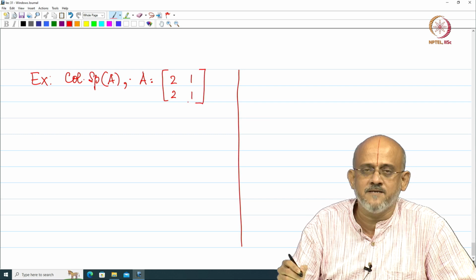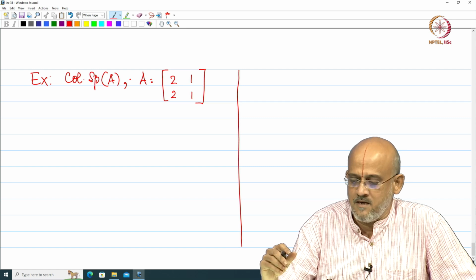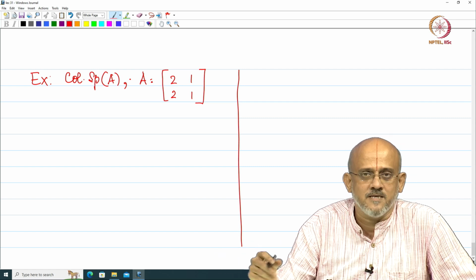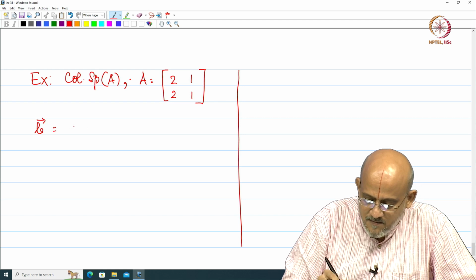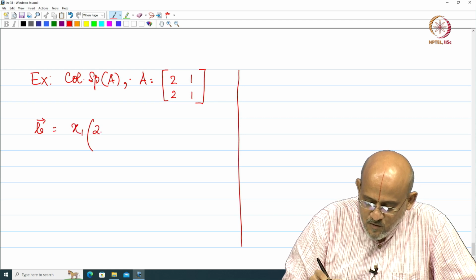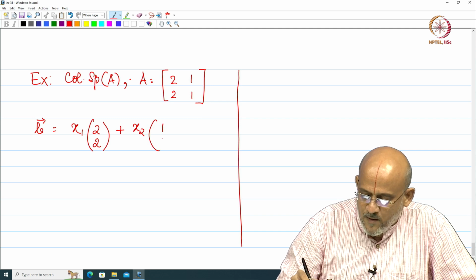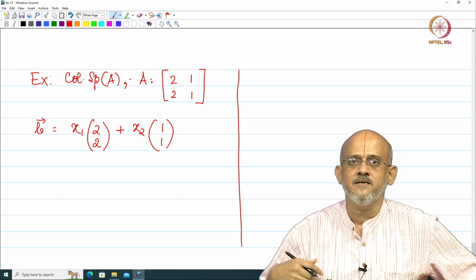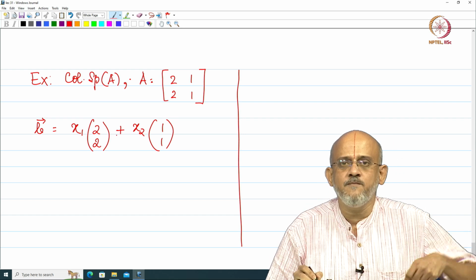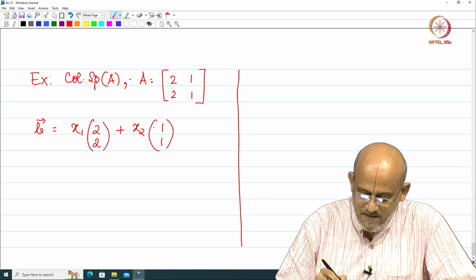You remember we had this matrix, 2x1 plus x2 is equal to say something, and 2x1 plus x2 is equal to say something else. So what we want to look at is the set of all these b vectors which can be written as x1 times (2,2) plus x2 times (1,1), right. It is interesting that we see that (2,2) is actually a multiple of (1,1).